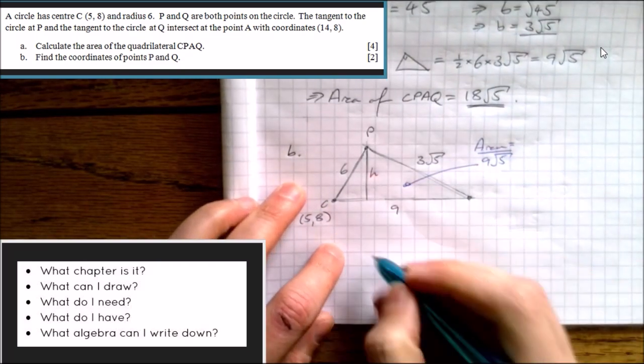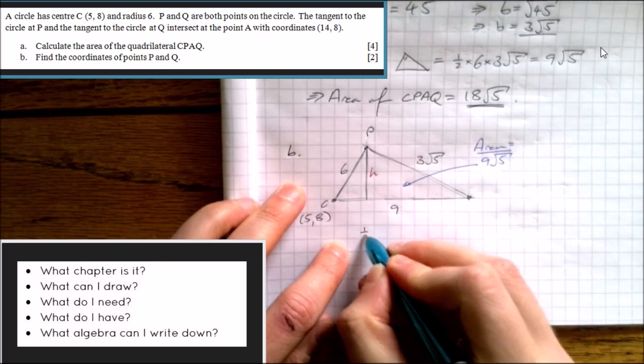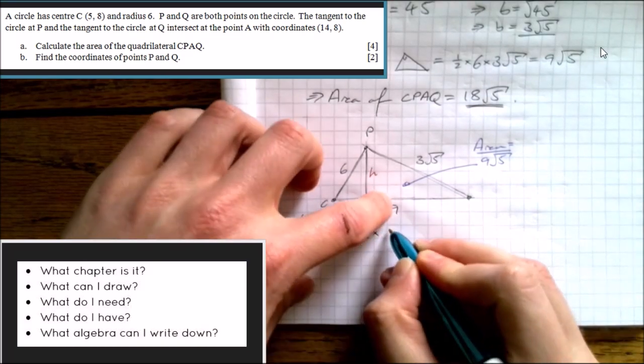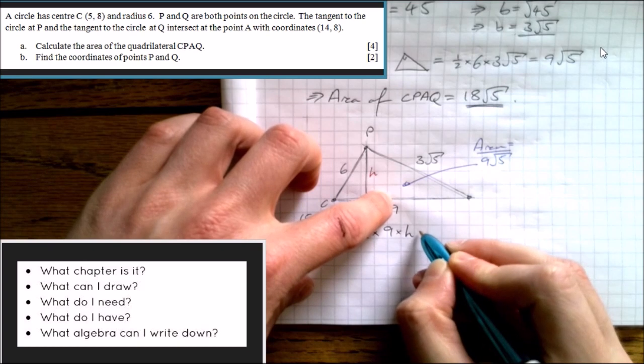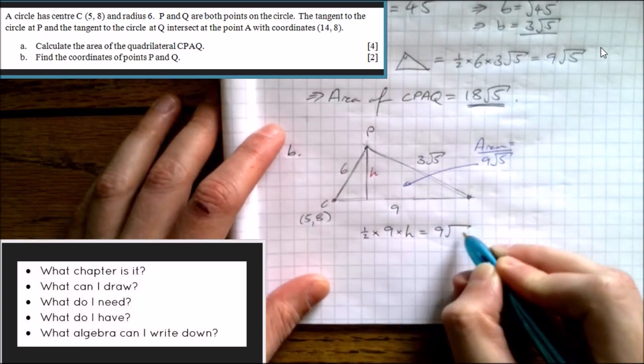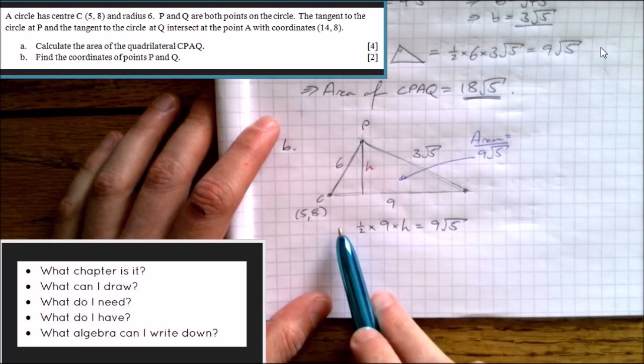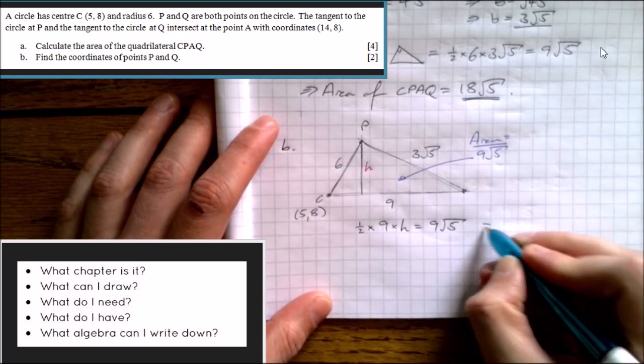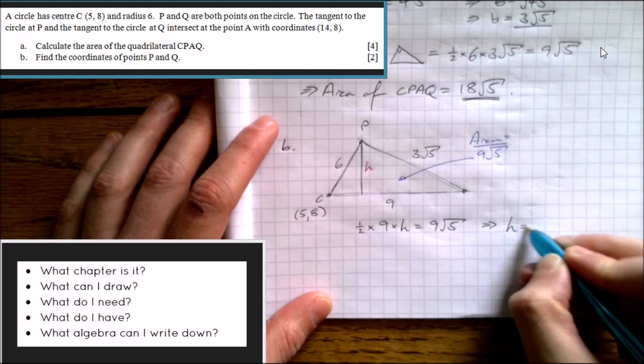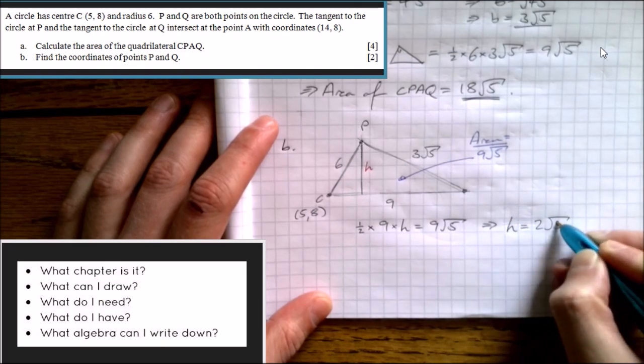So half times base times height is 9 root 5. Divide by 9, times by 2. I get straight away h is 2 root 5.